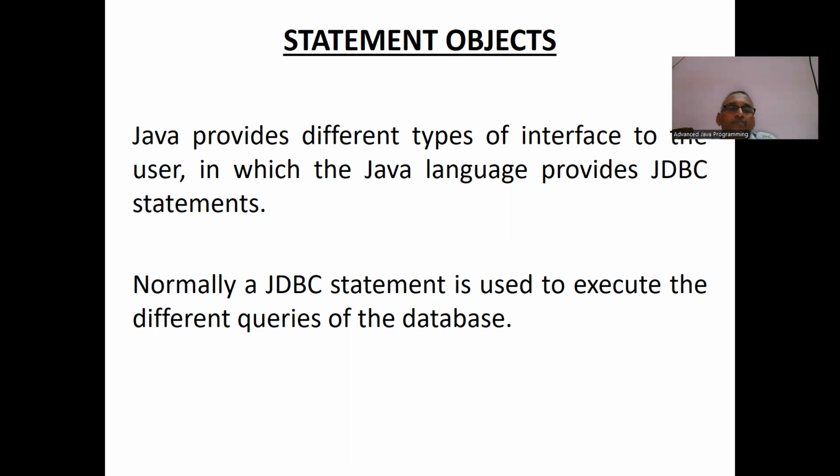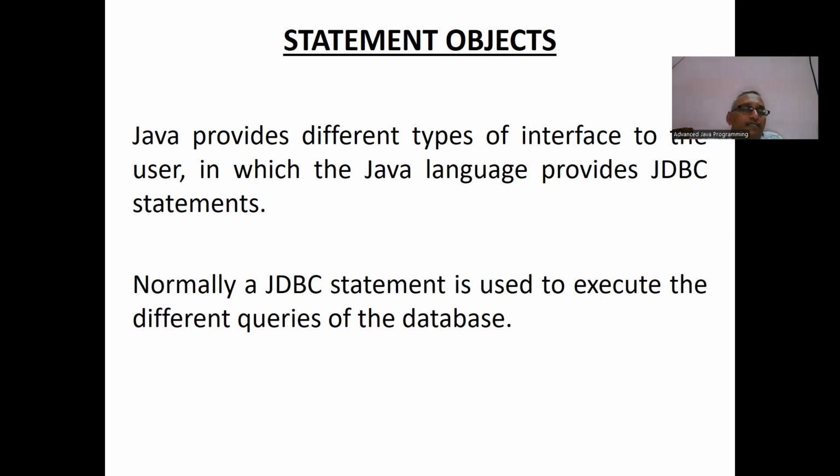In a JDBC statement, first we need to connect with the database. After successfully making the connection, we can execute different JDBC statements with the database, such as callable statement and prepared statement, as per user requirements.